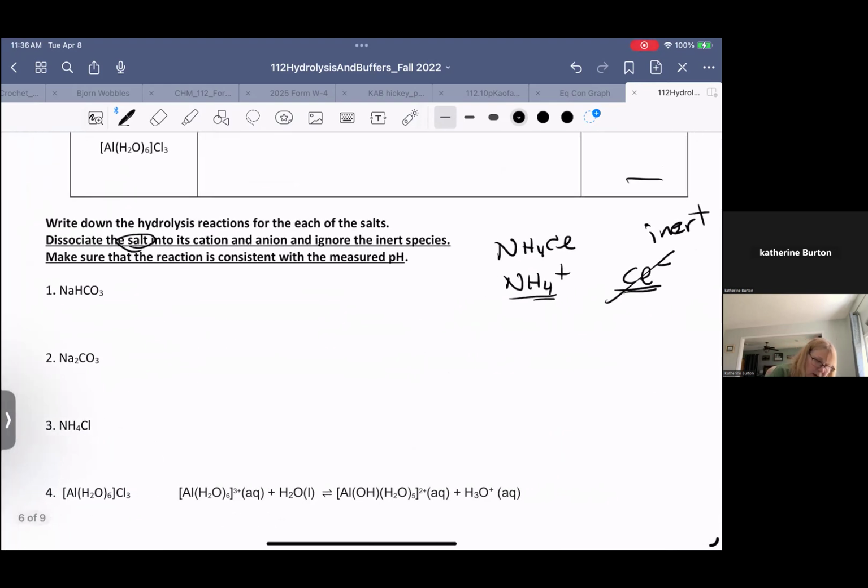So what I'm going to do here is dissociate, ignore the inert species, and instead of starting with ammonium chloride, I'm going to start with ammonium. I'm going to write my hydrolysis reaction as ammonium reacting with water, making ammonia, this is liquid here, plus hydronium, turn my brain on.